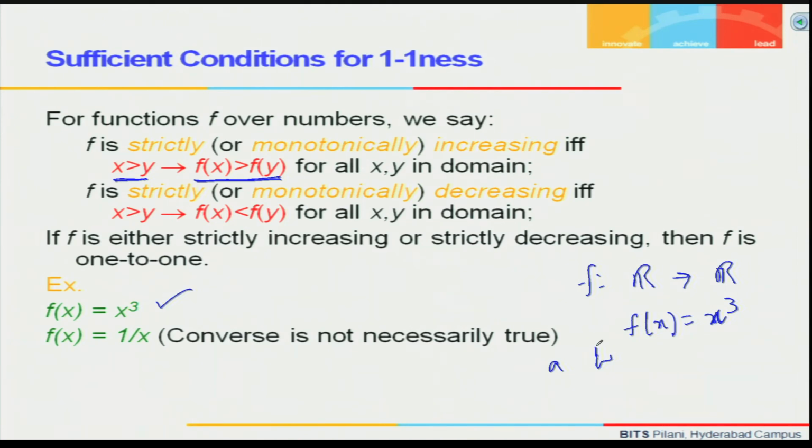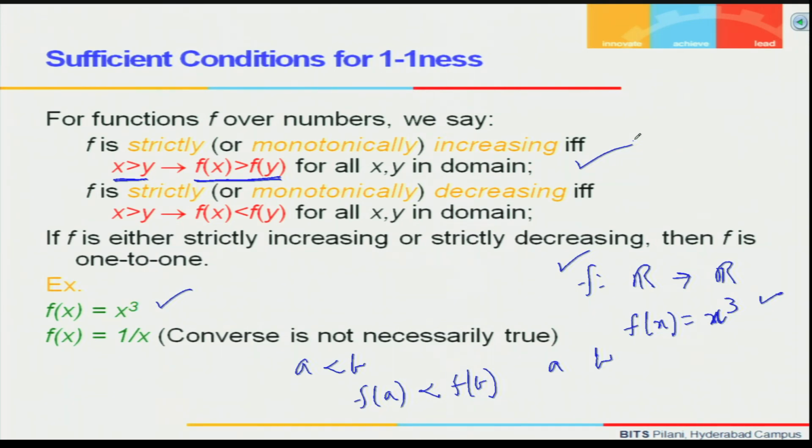You can assume either of the two. Let us assume a less than b. If a is less than b, because this function f defined by f(x) is equal to x cube is strictly increasing, f(a) is going to be less than f(b) by the very definition of a monotonically increasing function.